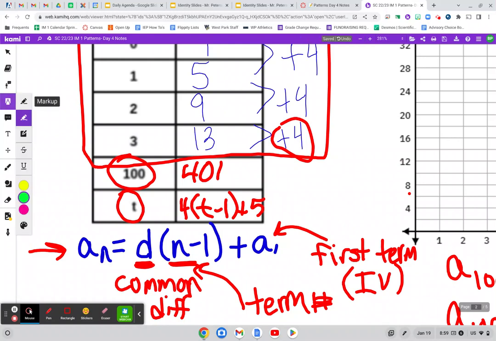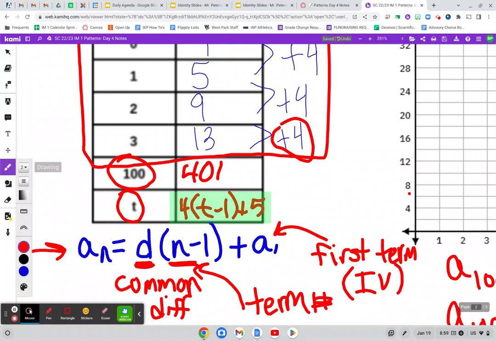That's your expression right there. You can use t, you can use n, you can use whatever you want. In the explicit formula, it uses n. But if they're defining the variable as t here, then you just simply use t in place of n. So 4 times t minus 1 plus 5 is going to be your expression.